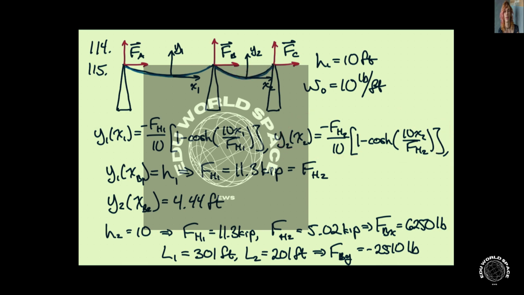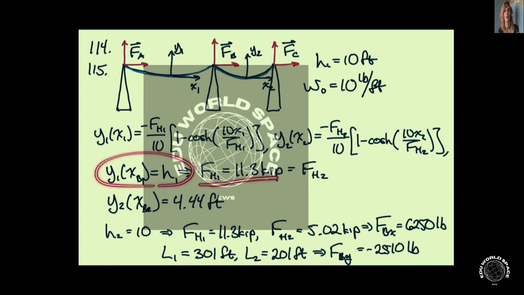We can then plug in the value that at this point here at xb1, which is 150 feet, y1 should be h1, which is 10 feet, and that tells us the horizontal tension in here is, basically we need to use a root finding algorithm or trial and error to find what this value is.